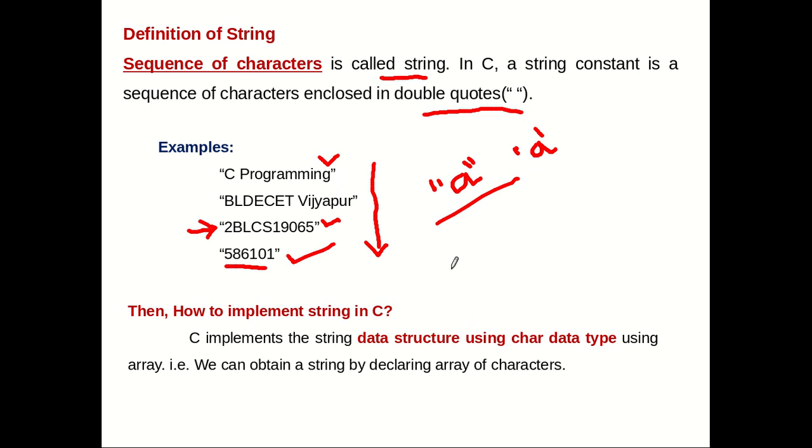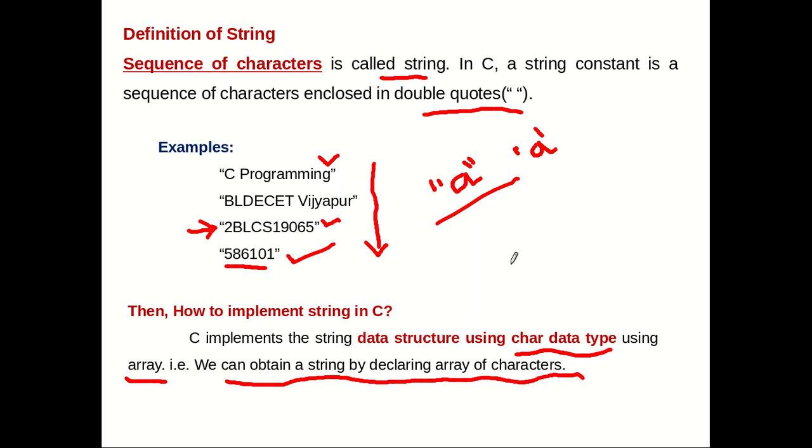Before we write the program for applying string manipulation operations, first we have to have a string within our program. A string can be implemented in a C program by using the character data type and the array concept. So we can obtain a string by declaring an array of characters.